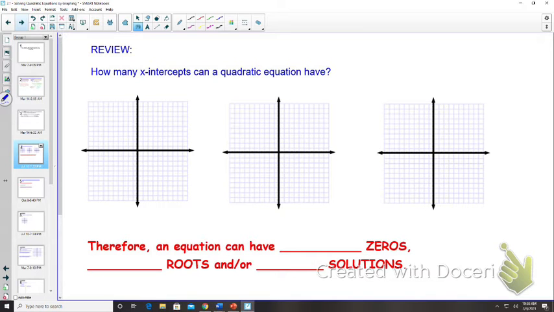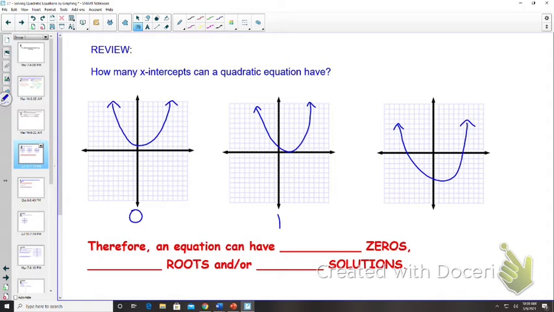So, review. Question for you guys. How many x-intercepts can a quadratic equation have? 2, 1, or 0. So let's do 0, and then we'll do 1, and we have 2 here.